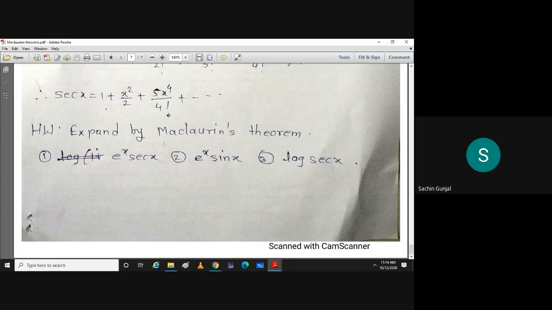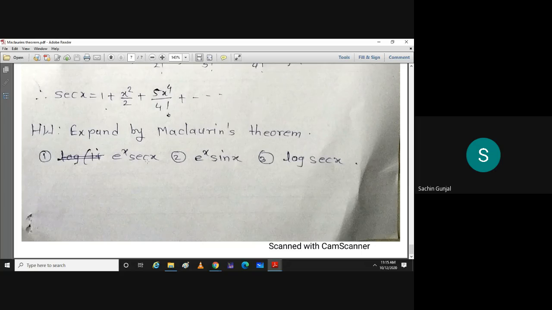Any doubt? Of course, you can find the derivatives up to x raised to 4 or x raised to 5 if they have asked, but that will take much time, isn't it? So instead, you use the standard expansions of e raised to x and sec x, and multiply term by term.